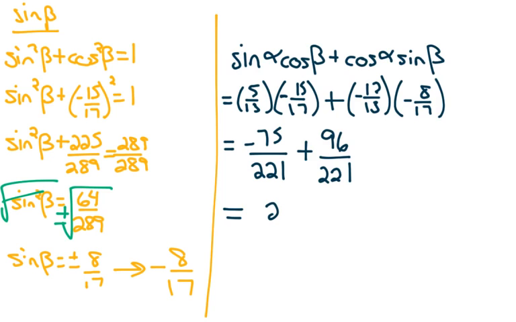Add the tops, we get 21 over 221. Now, looking to reduce this is usually a good option, but with these types of questions, the final answer will usually be unreducible, so don't look too hard. This was just question 1.